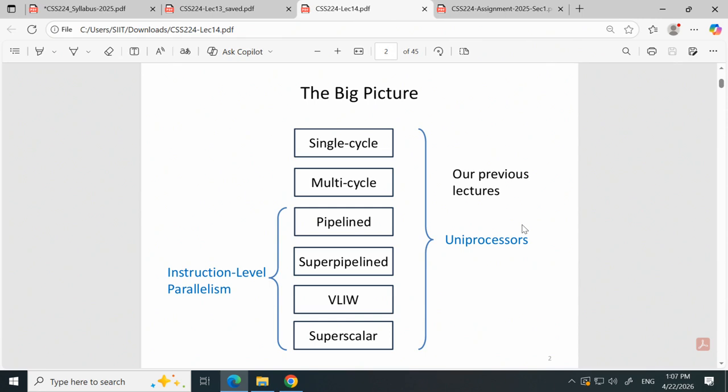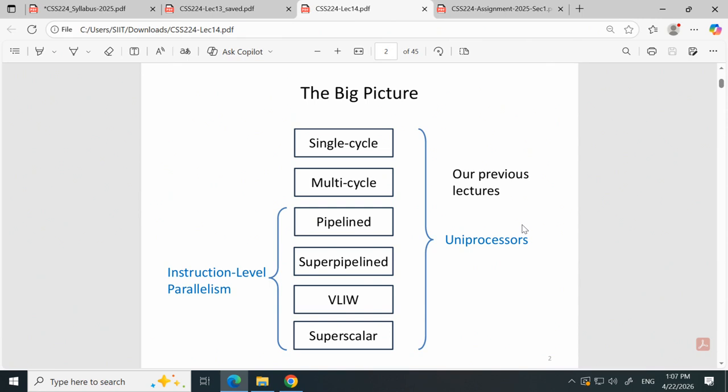What does it mean? Multiple instructions executed at once. Very good. So how are these two different?